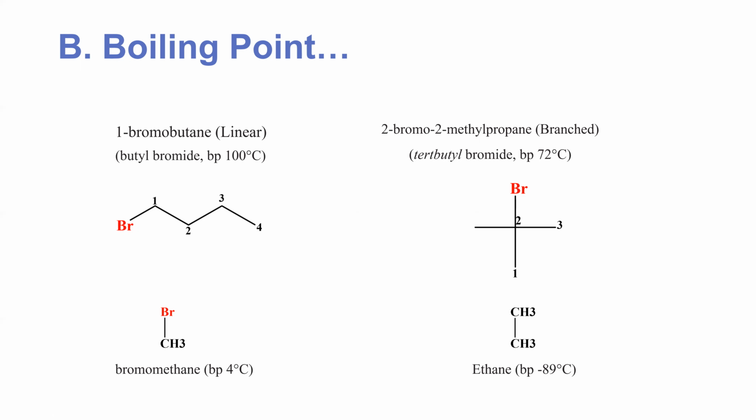The reason is that a branched molecule is more spherical, with a low surface area, and this decreases its boiling point. So 2-bromo-2-methylpropane has a boiling point of 72 degrees Celsius, while 1-bromobutane has a boiling point of 100 degrees C.